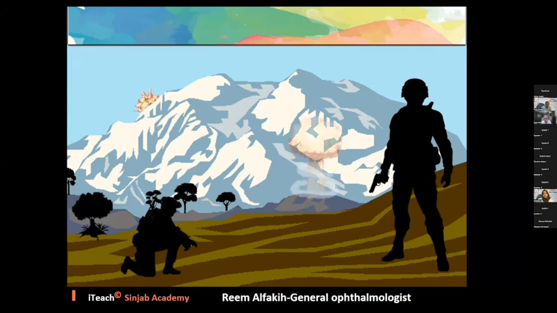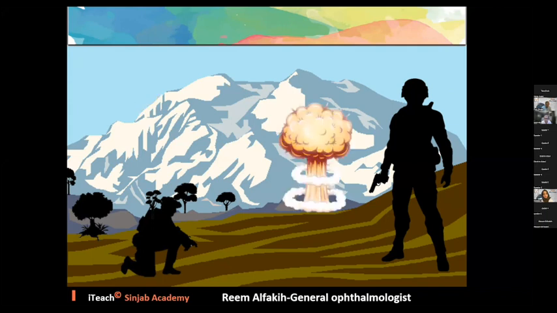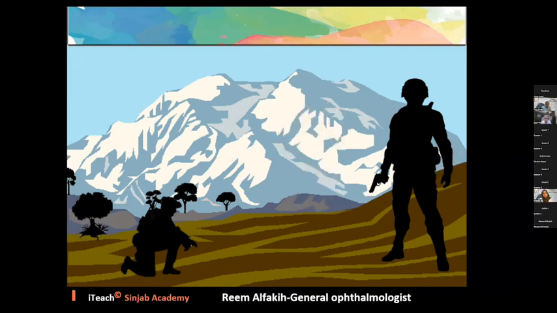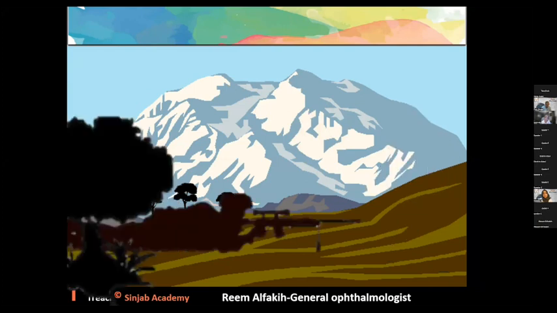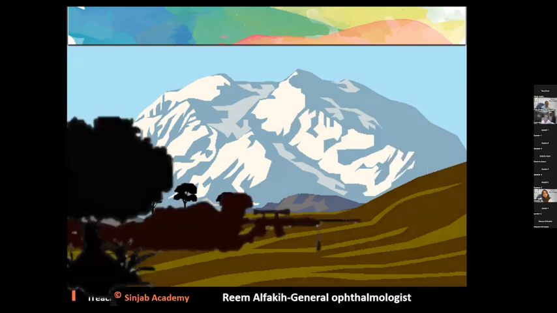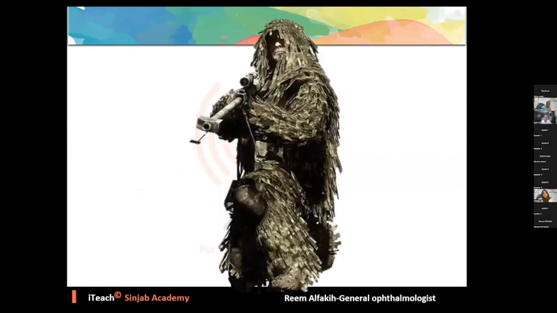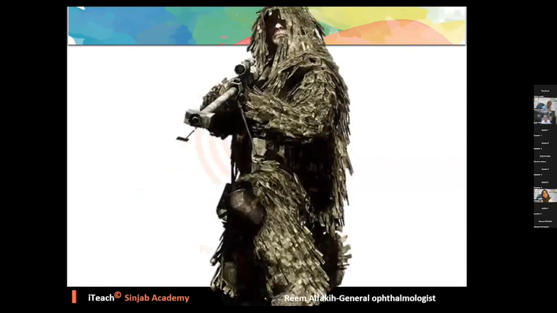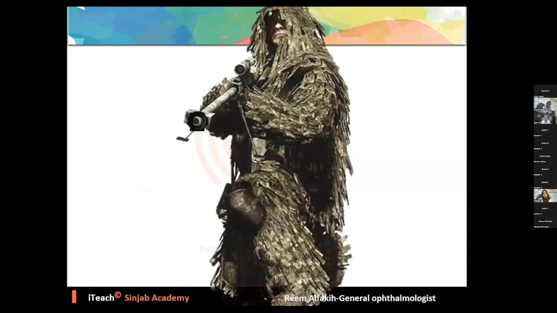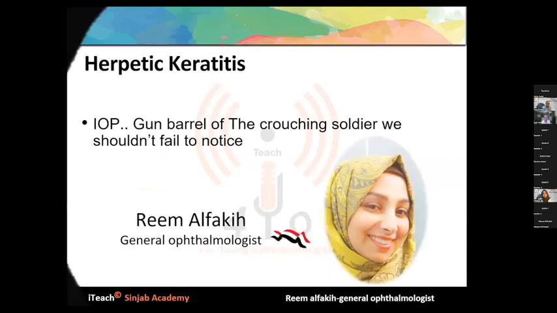And among those enemies with frank and obvious straightforward diagnosis, we might find that some are hidden, waiting for the chance to attack, like a crouching soldier. But sometimes if we focus on little details, we might notice them. And this is how I named my presentation today: the IOP, the gun barrel of the crouching soldier we shouldn't fail to notice.